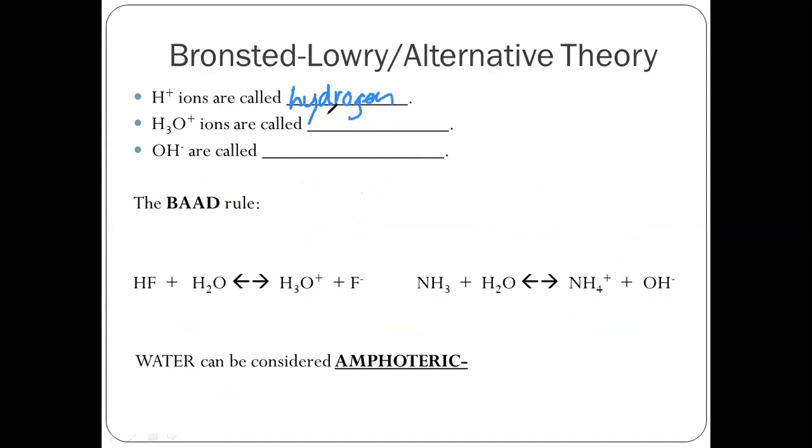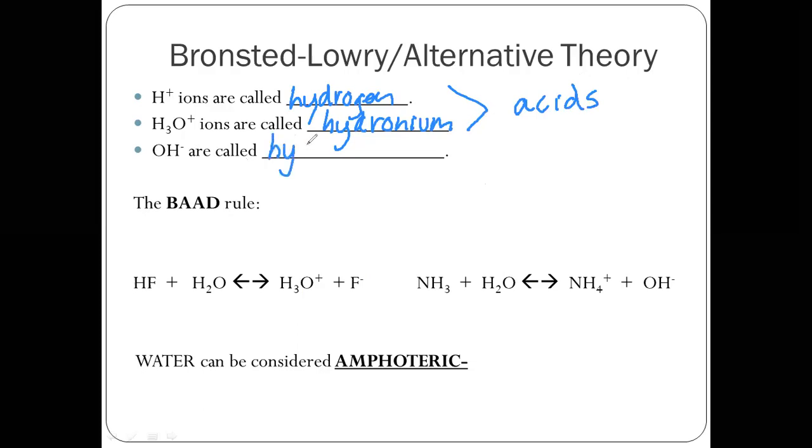H3O plus ions are called hydronium. And these two are used interchangeably to mean that you have acids. OH minus ions, remember, are called hydroxide. You can look up H3O plus and OH minus back on table E, which is your polyatomic ion table.